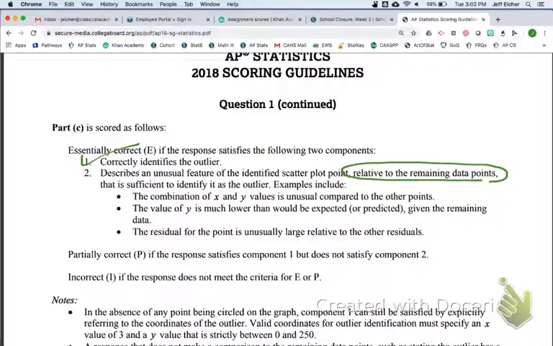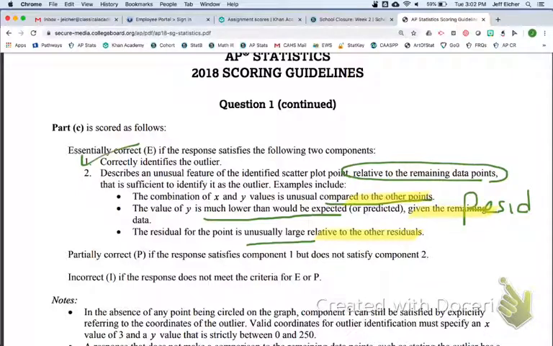So bullet point 1, the combination of x and y is unusual compared to the other points. The value of y is much lower than to be expected given the other points, so that's the residual they're talking about. Or the residual is unusually large compared to the other points. So notice each of these is compared to the other points, compared to the remaining points, relative to the other residuals.